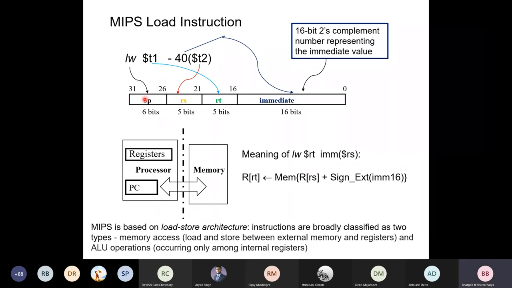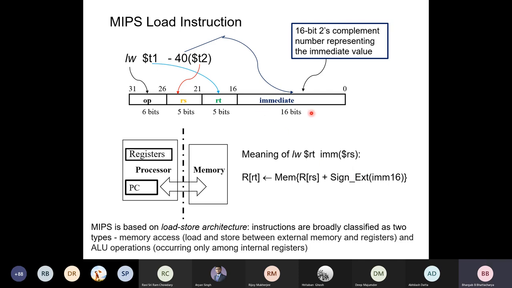So the meaning of this load instruction is the following. You look at the content of this register RS, the source register, and then you pick up this 16-bit 2's complement field, consider this as the offset, and do sign extension to make it 32 bits.